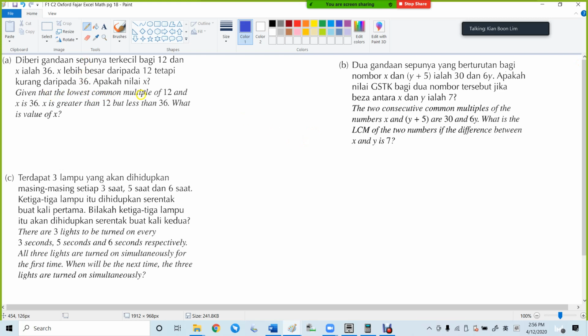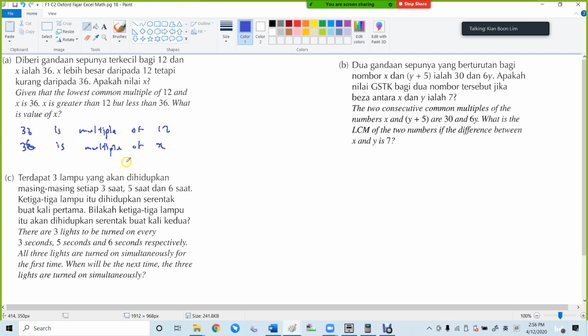Given the LCM of 12 and x is 36. So we have 36 is a multiple of 12 and 36 is a multiple of x.